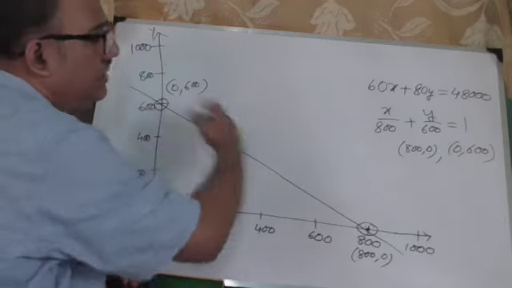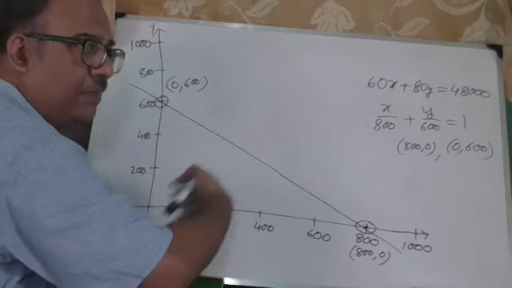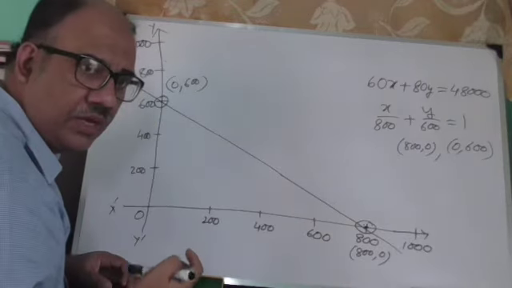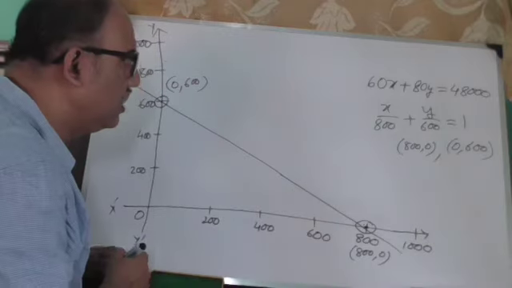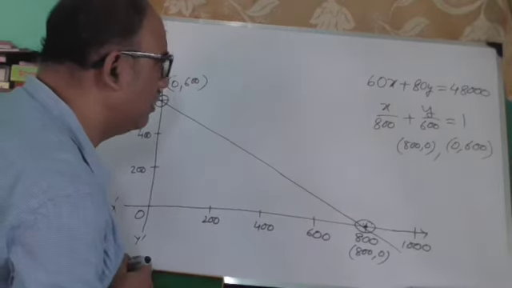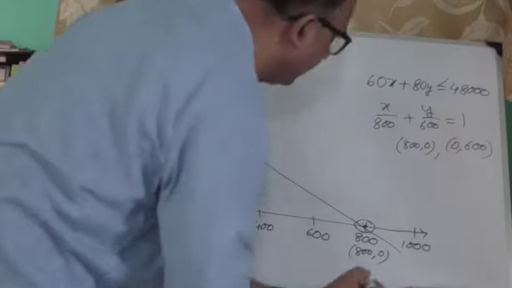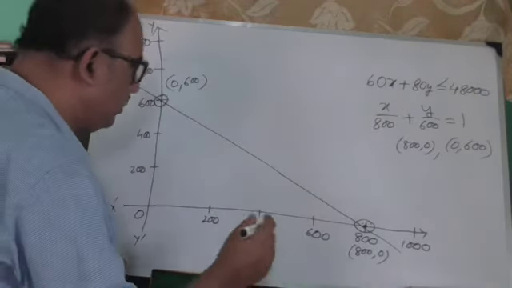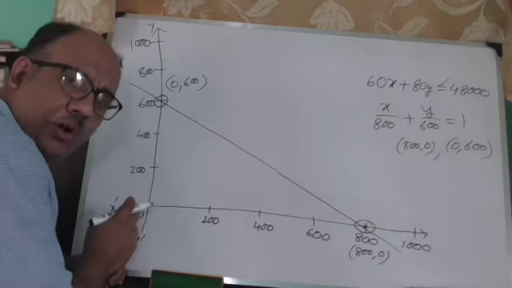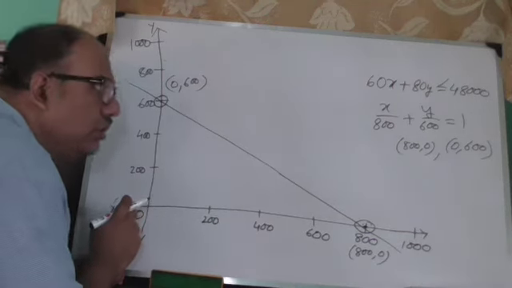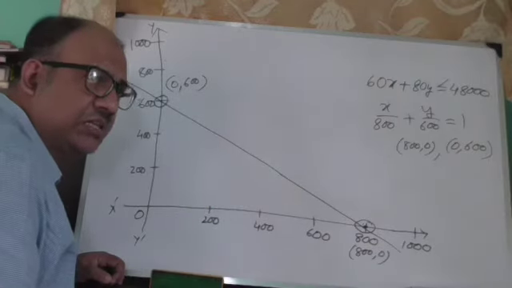So this line divides the whole plane of the whiteboard into two half planes, and one of them satisfies our condition. To check which half plane satisfies our condition, we choose a known point, 0, 0, put it in, and check whether it satisfies the condition or not.